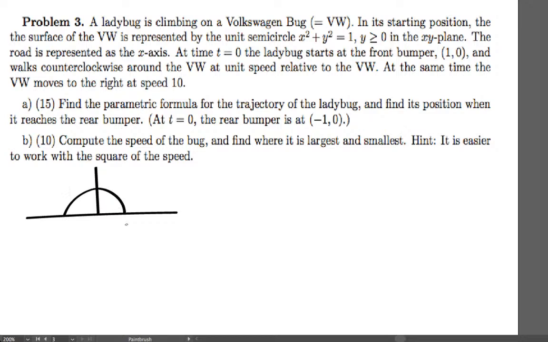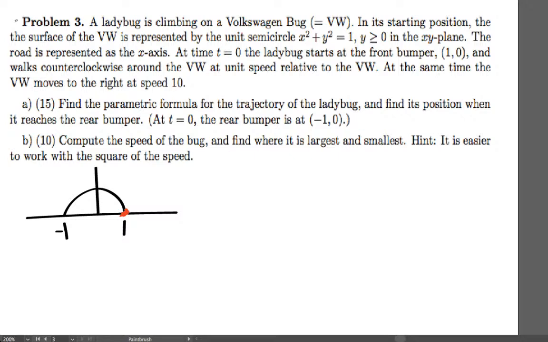This is 1, this is negative 1. And then we got here a ladybug, pretty accurate, I should say. So that's at time 0, and it walks counterclockwise at unit speed relative to the VW.